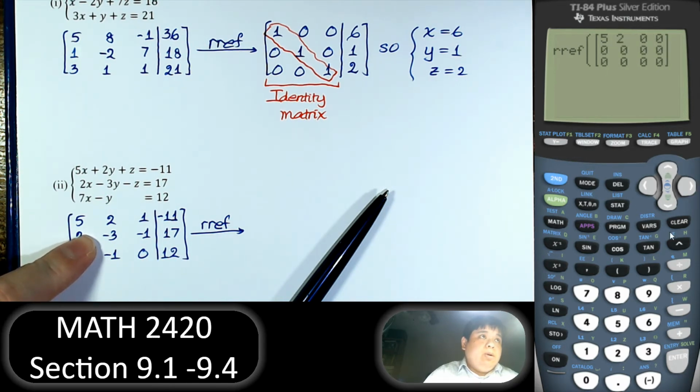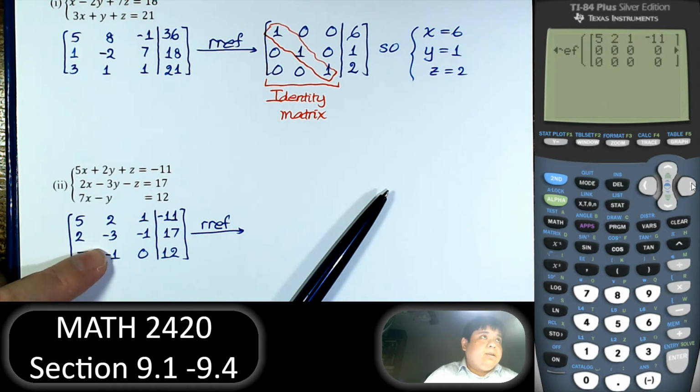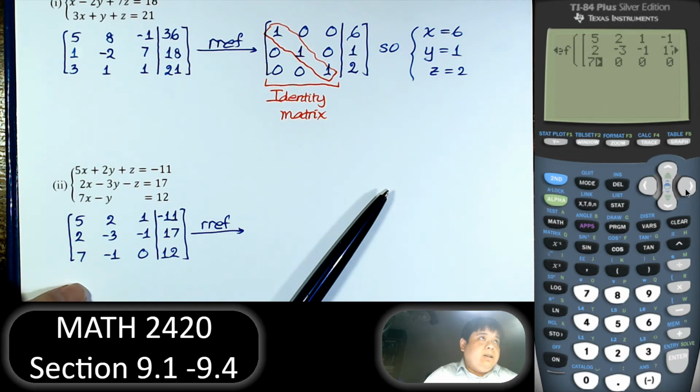5, 2, 1, and this is the negative sign, -2, -3, -1, and 17. 7, -1, 0, and 12.